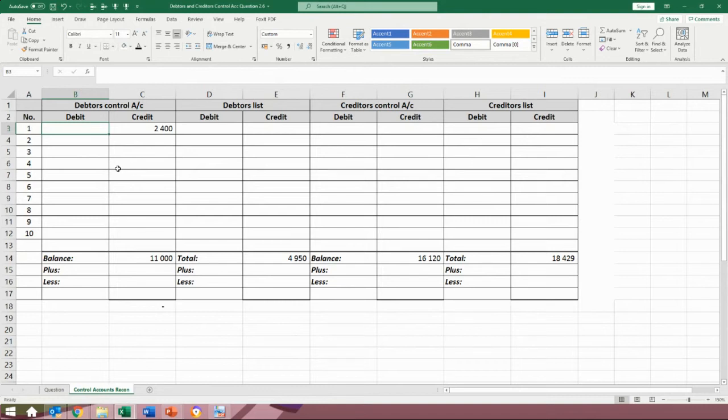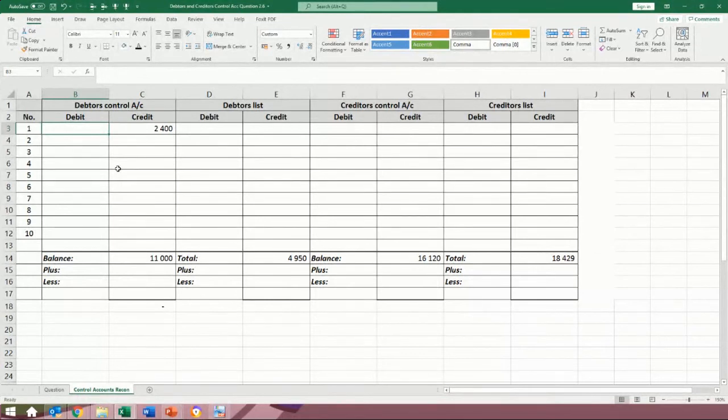Remember, this question is written from our business's perspective. If we issue a document, it means we've given it to a third party, which means it is our debtor. If we receive a credit note, it means it is the creditor. That is the lingo you need to look out for.